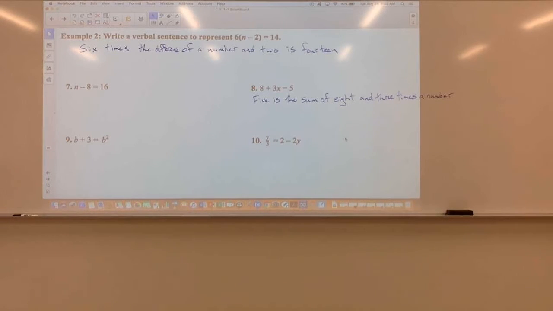So instead of using that, you might want to use the difference of.